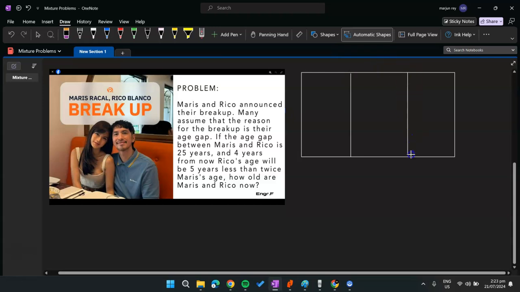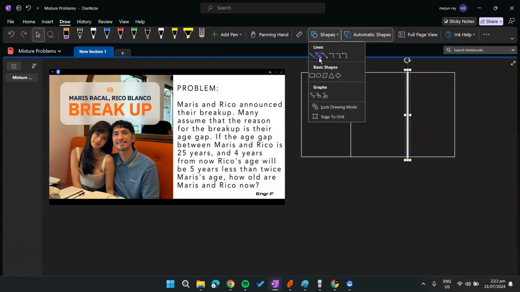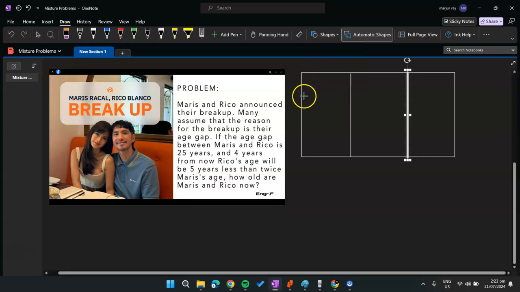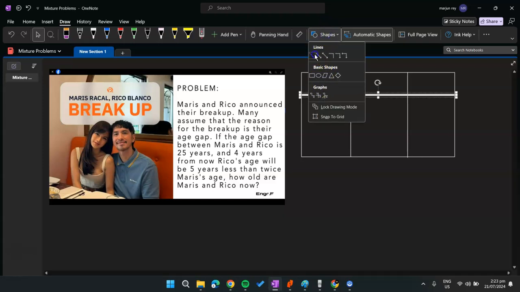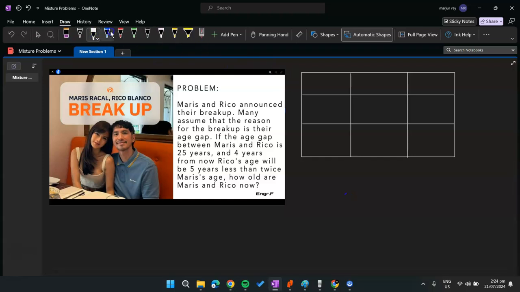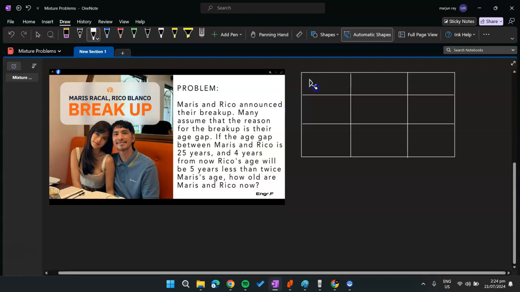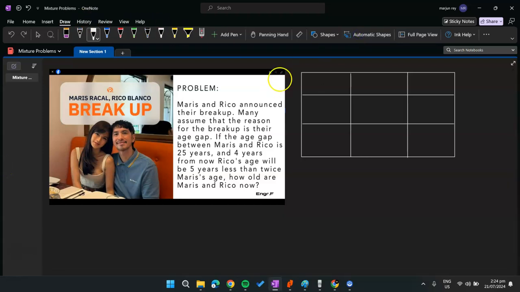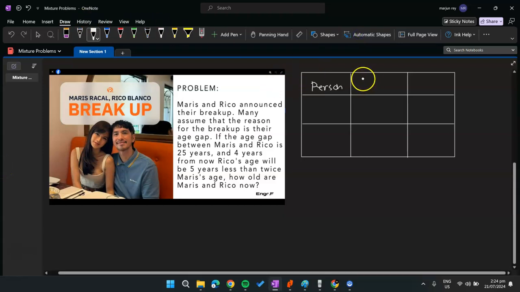All right, so again, to solve this problem, we need to identify first our person involved. So we're gonna write the person here, and then we need to identify their current age, and then their age change.